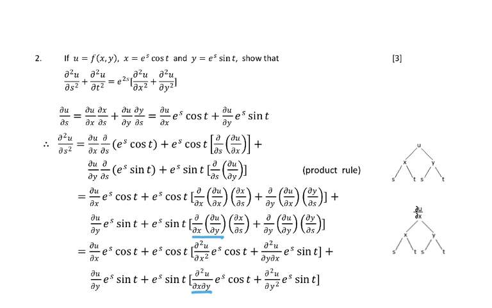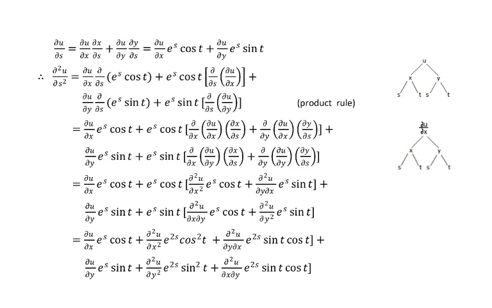If we have a look at the partial derivative with respect to s of x, that just gives us e to the s cos t, because the derivative of e to the power s is just e to the power s. Again, if we have a look at this expression here, the partial derivative with respect to y of du/dy gives us the second order derivative of u with respect to y. And finally, the derivative of y with respect to s is just e to the power s sin of t.